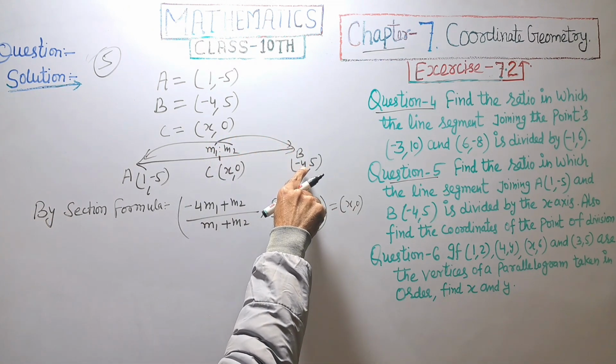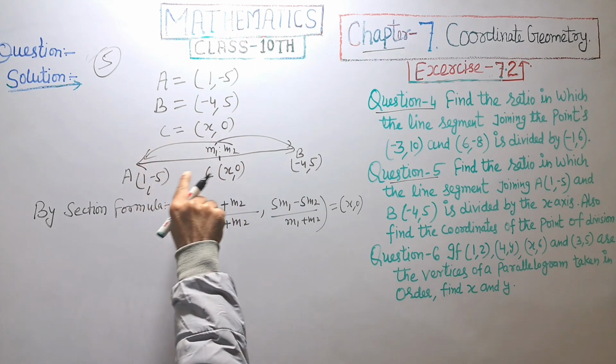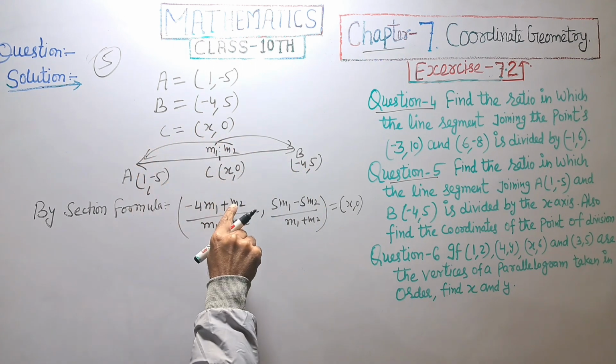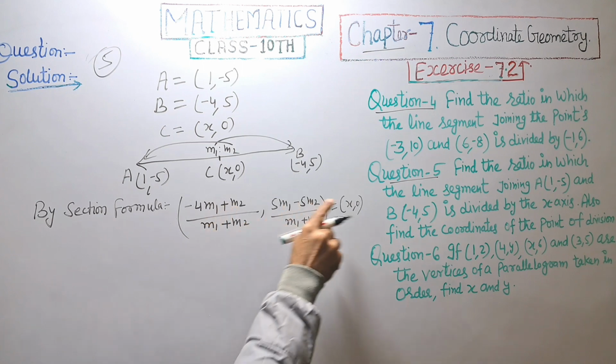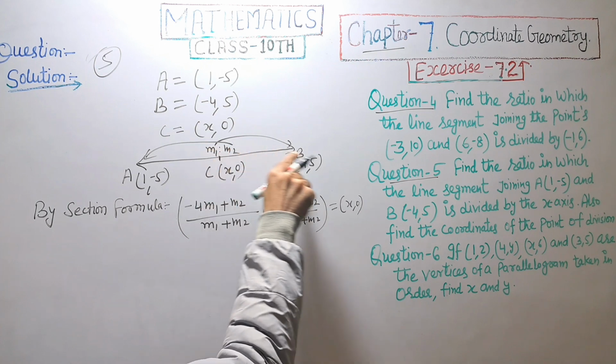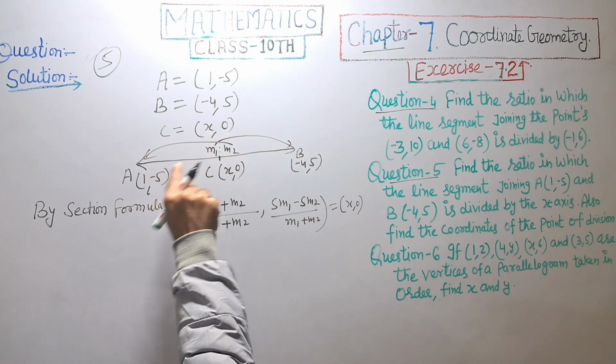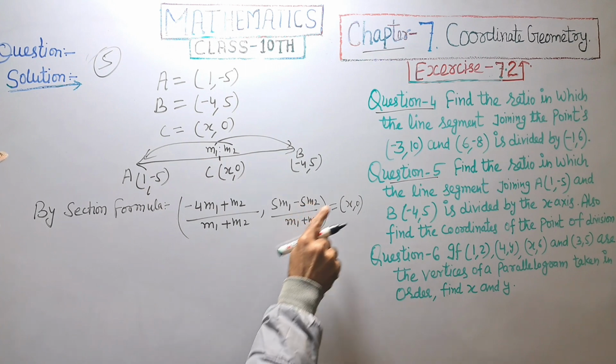So (-4 m1 plus m2 into 1) divided by (m1 plus m2) is equal to x, and the second point, (5 m1 minus 5 m2) upon (m1 plus m2), is equal to 0.